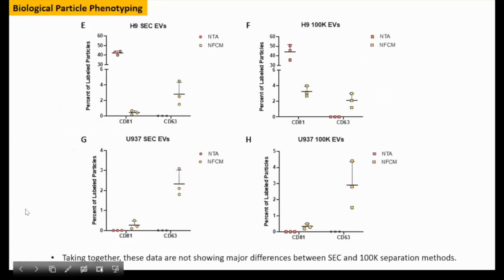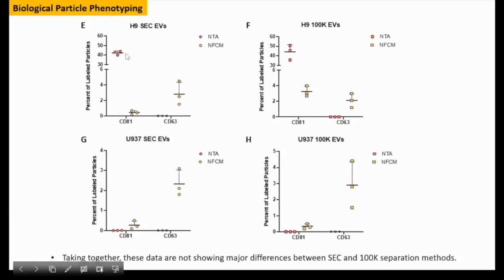So let's start with H9 in the upper left panel. There is approximately 40% to 50% of detected particles from H9 cells that were positive for CD81, according to NTA.